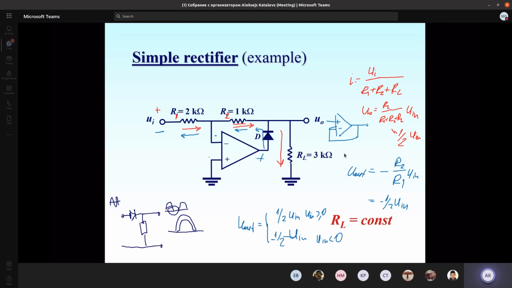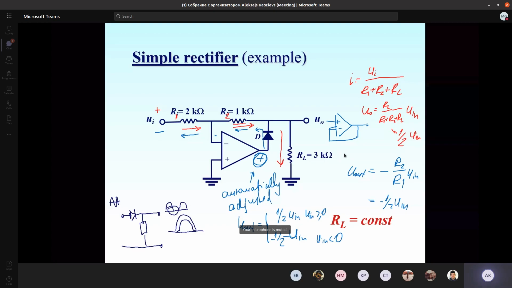Some comment on why I actually threw out the diode. The diode which is switched on in the circuit actually needs a forward bias voltage, but because of the operational amplifier, the voltage at this point is automatically adjusted.